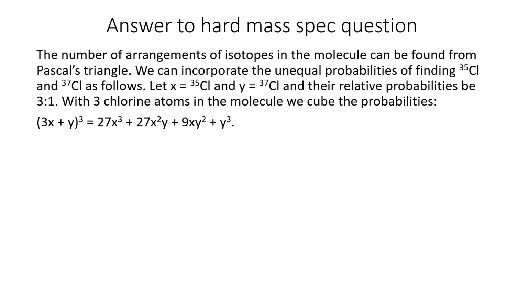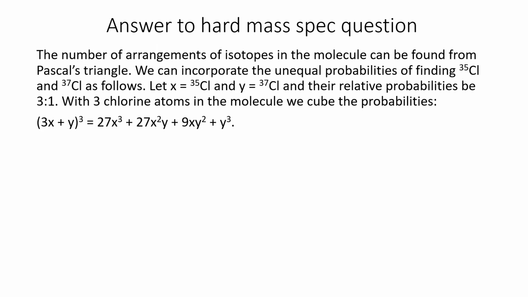And since there's a 3-to-1 ratio in their abundance, the way they combine, having 3 of them in the molecule, I've put together with this little expression here, 3x plus y. So this represents the relative probability, as I say, it's 3 times as likely to find an x as a y. And what I've done is I've cubed it, so I'm multiplying the probabilities of one chlorine atom by itself to see what it's like for 3.